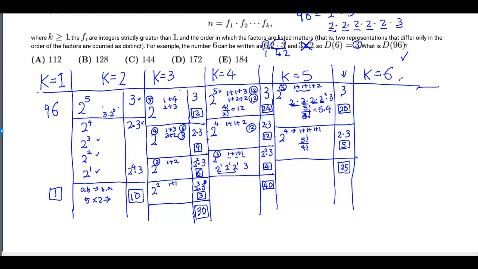Now, case k equals 6. Okay, the last case is k equals 6. So we're going to keep the one number 3 over here, and 2 to the 5th. So how many ways to arrange these 5 groups? Only one, right? 1 plus 1 plus 1 plus 1 plus 1. That's all. So the exponent of 2 can be 0, right?